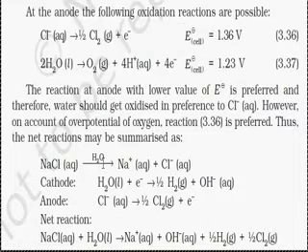Thus we can summarize net reactions as follows. NaCl in H2O gives you Na+ and Cl-. Cathodic reaction will be H2O plus electron gives half H2 plus OH-. Anode: Cl- gives you half Cl2 plus electron. Net reaction you can write down as NaCl plus H2O gives you Na+ plus OH- plus half H2 plus half Cl2.